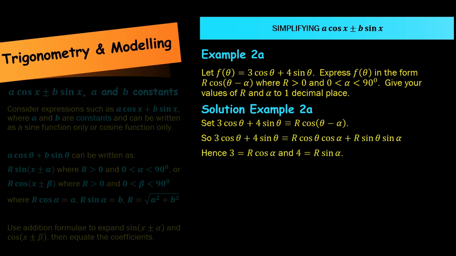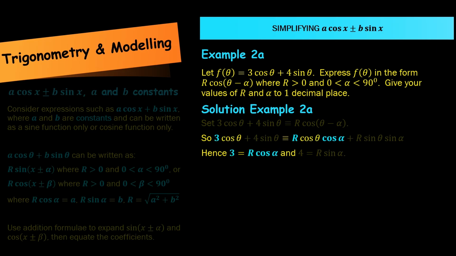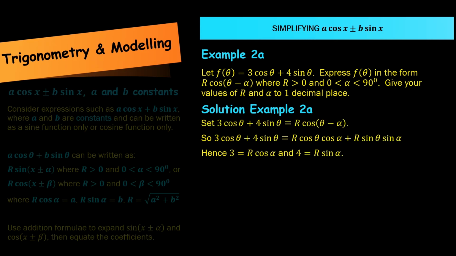So now we can equate the coefficients. Equating the coefficients of cos theta gives us that 3 equals R cos alpha. And equating the coefficient of sin theta gives us that 4 equals R sin alpha.